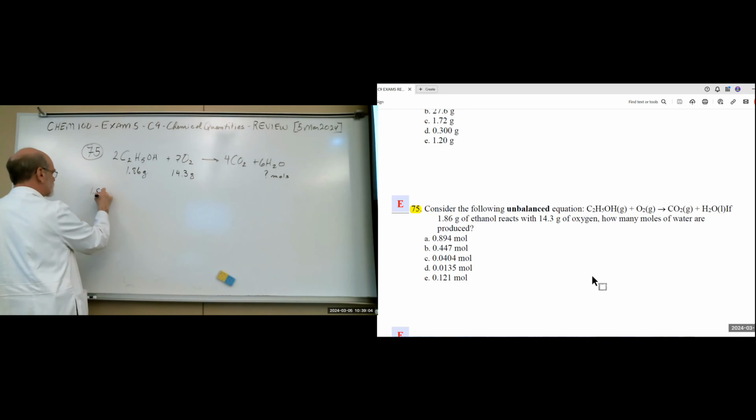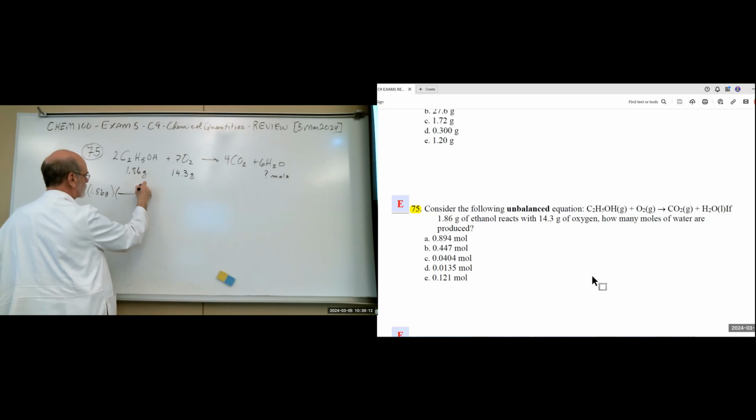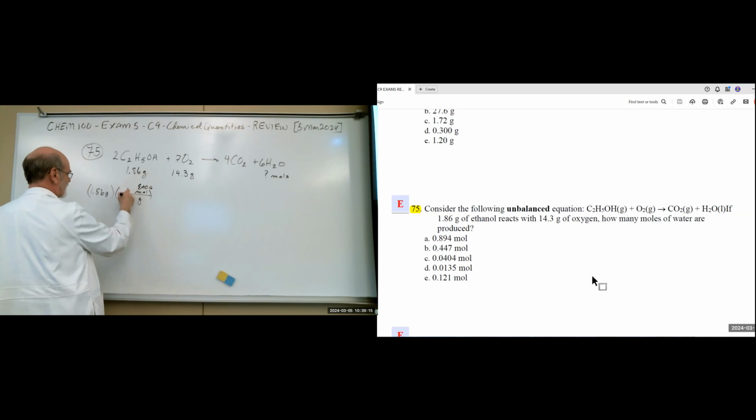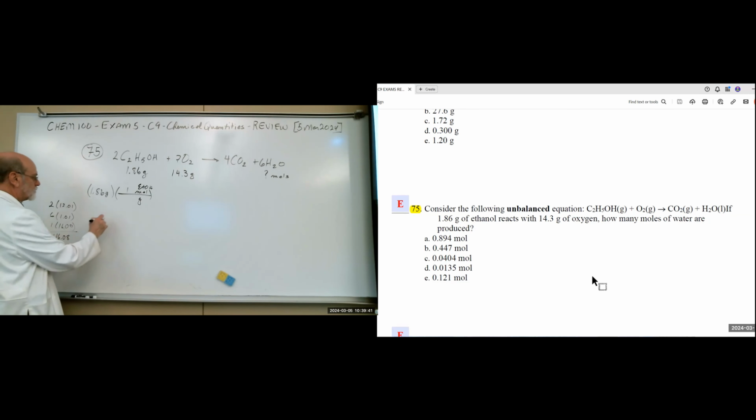So 1.86 grams of ethanol. I will have to recalculate this one. We want to find moles of ethanol. Right? So that's 2 times 12.01 and 6 times 1.01 for the hydrogens and 1 oxygen. So 24.02 enter and 6.06 plus 16 plus 46.08.